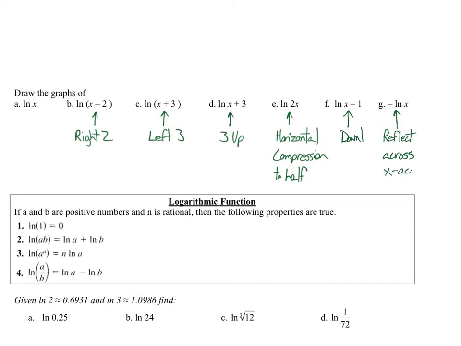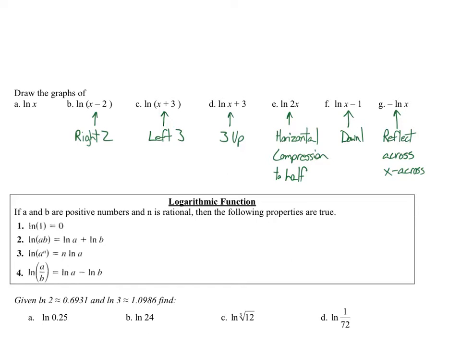Just a reminder, when you're transforming things, whatever is happening to the x is going to do something to it horizontally. We're subtracting 2 from the x, adding 3 to the x, multiplying the x by a 2. All of those things are horizontal changes.